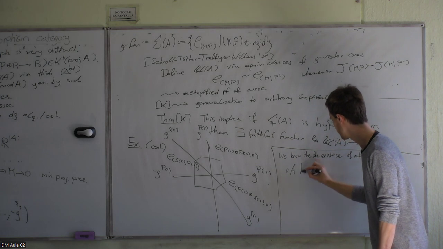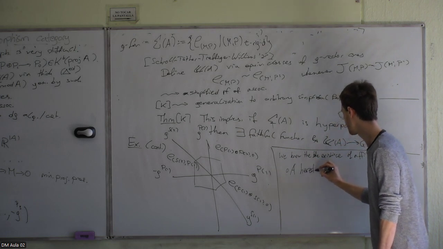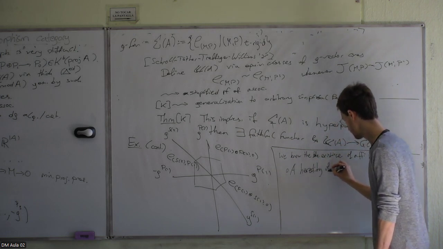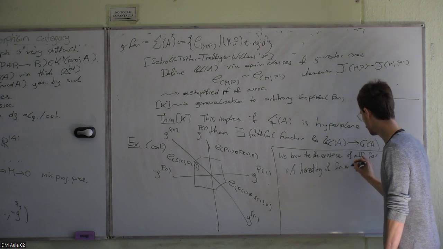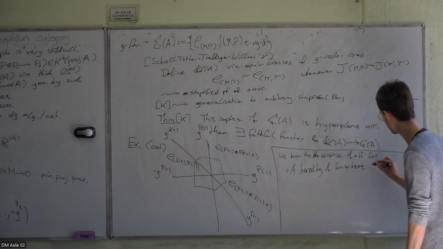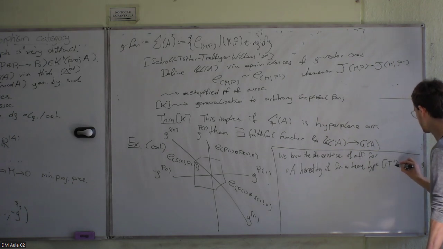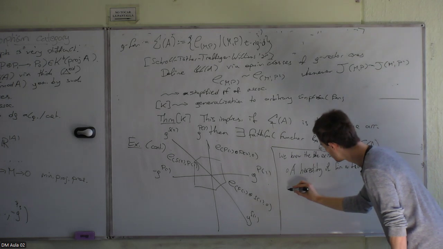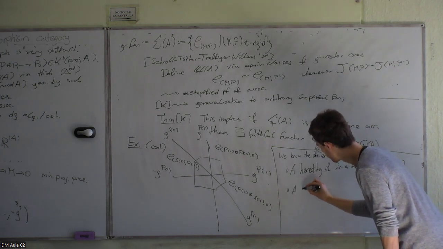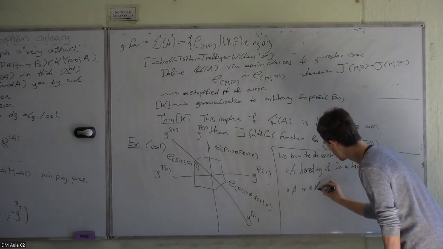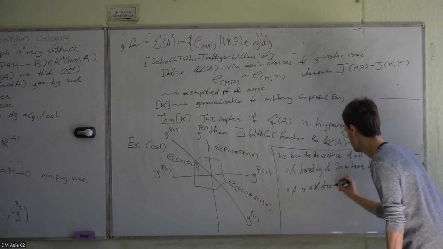When A is hereditary of finite or chain type, this time all chain types, by Iguza and Todorov, or when A is a K-stone algebra.